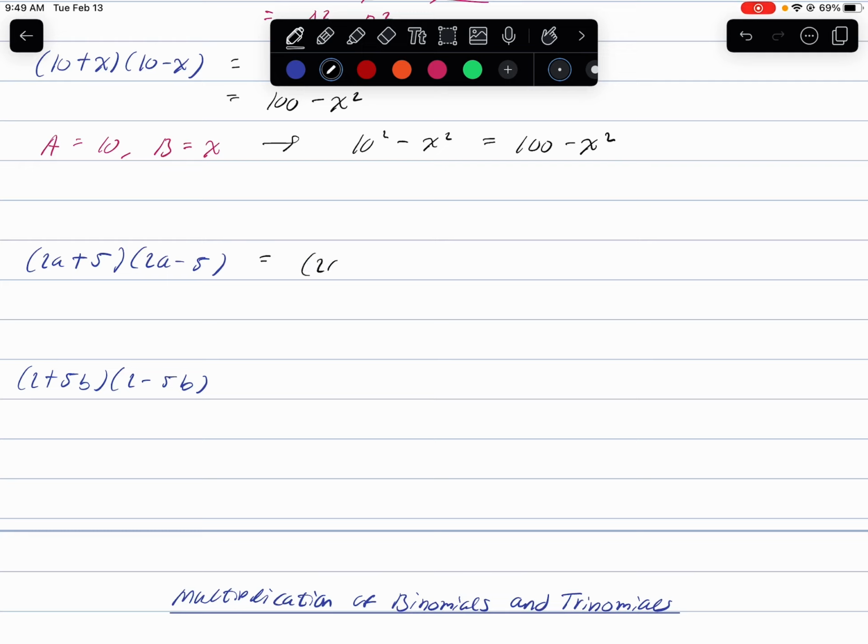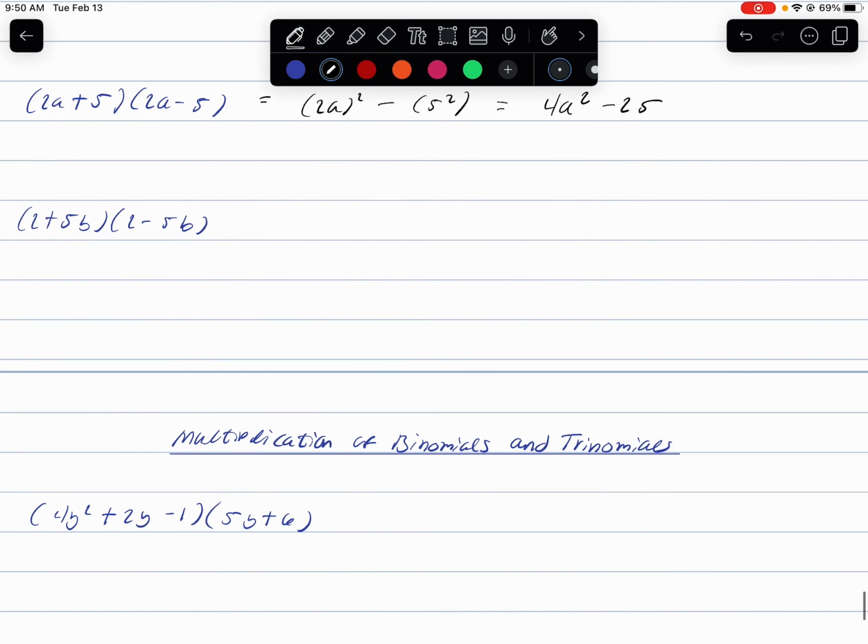So we'll have 2a squared minus 5 squared. 2a squared is going to give us 4a squared, because we have to square the 2 here. So we get 4a squared, and then we'll have minus 25. 4a squared minus 25.